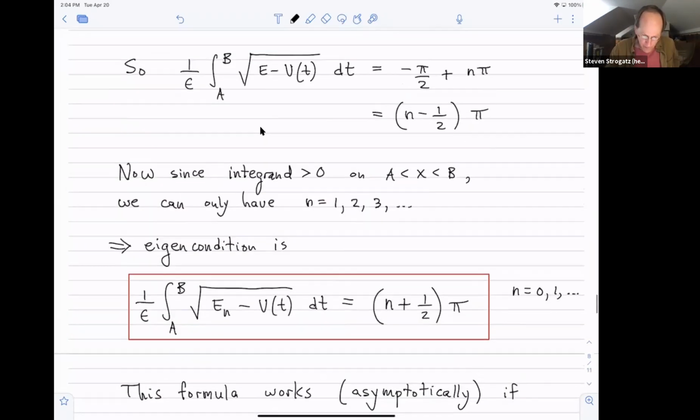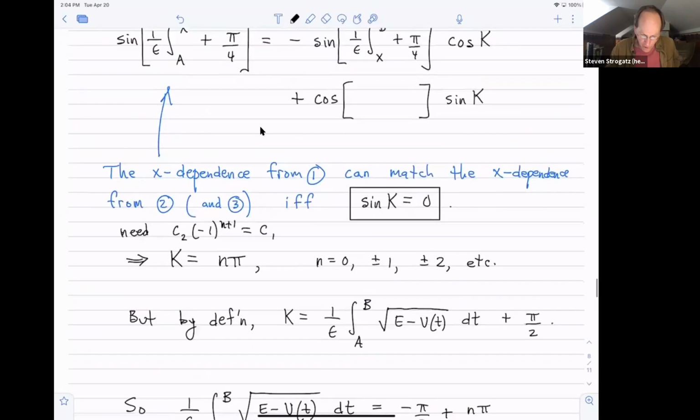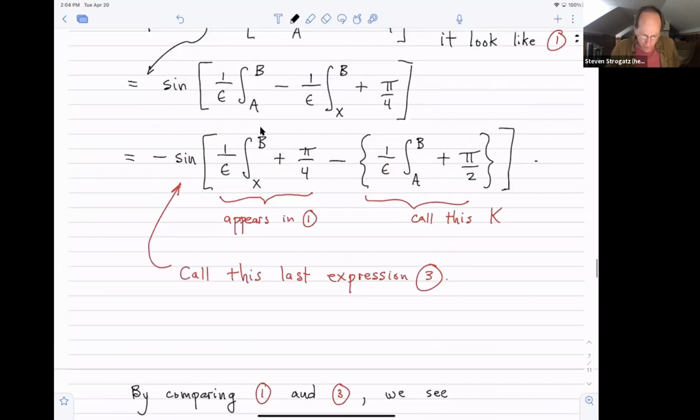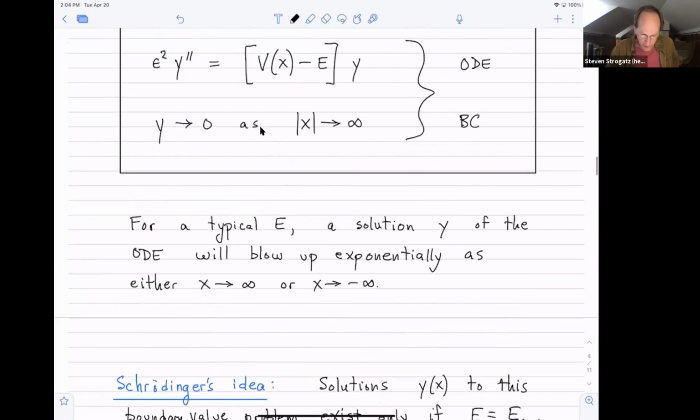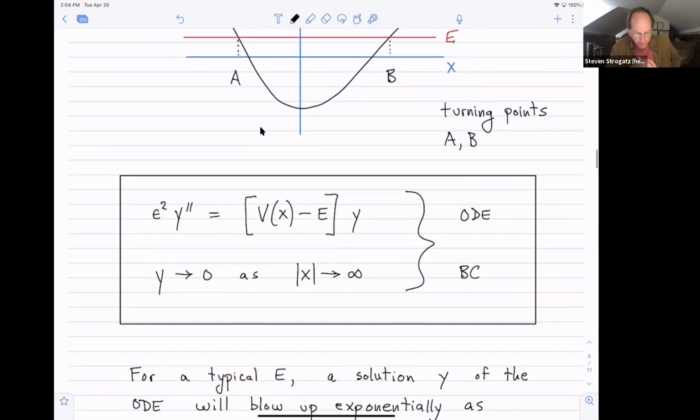Presumably the whole analysis is supposed to be valid for large E. It seems like it's by analogy to the first example that we did, where E and epsilon were connected.